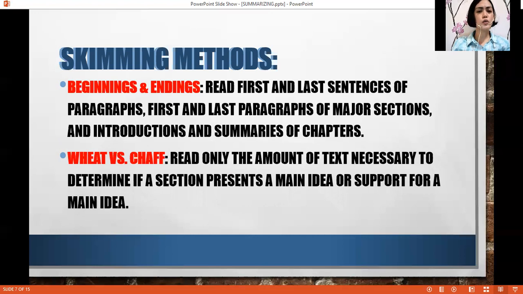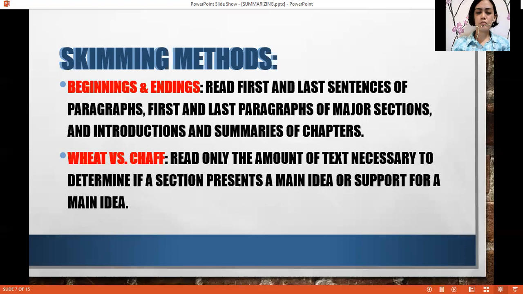You're not going to read everything from the book page by page. So to make it quick, you're going to look at the beginnings or the introduction or the front page of the book and the endings, the conclusion, or at the back of the book, there are reviews as to what the book is all about.